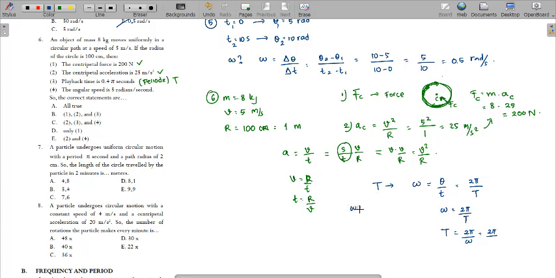Omega you can find from v divided by r. v is 5 and r is 1, so the answer is 5 radian per second. So with 5 in here, the result is 0.4π seconds. This is also correct. And the angular speed omega is 5 radian per second. This is also correct. So the correct statements are all true.